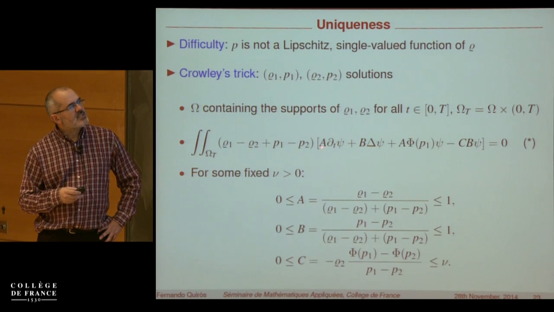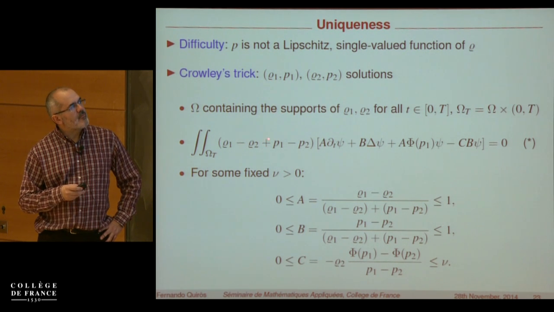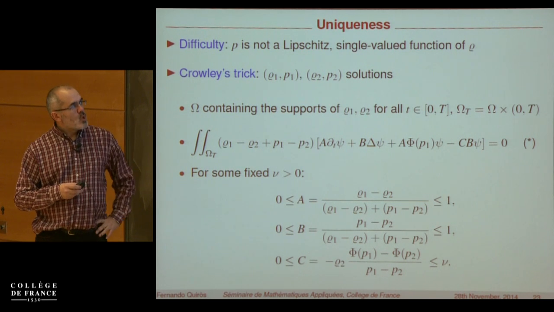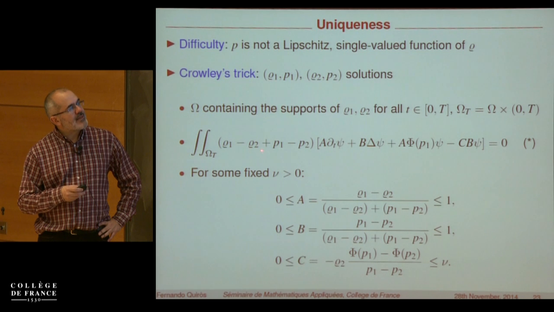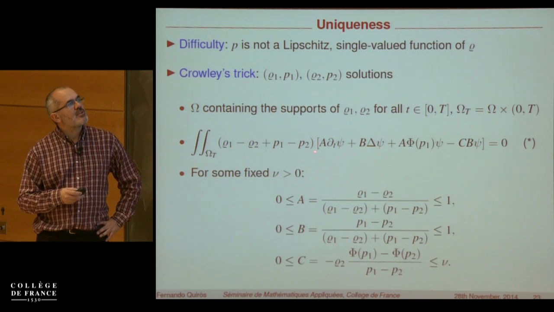But then these coefficients. The classical idea for Hilbert's duality method is that you have here ρ1 minus ρ2, and then you get an equation with bounded coefficients.